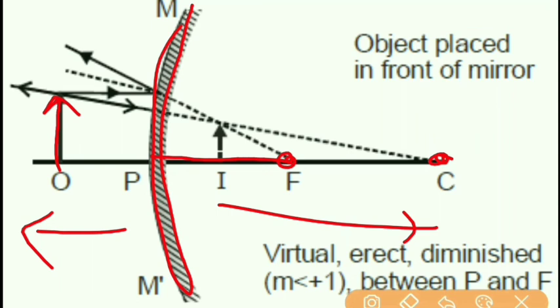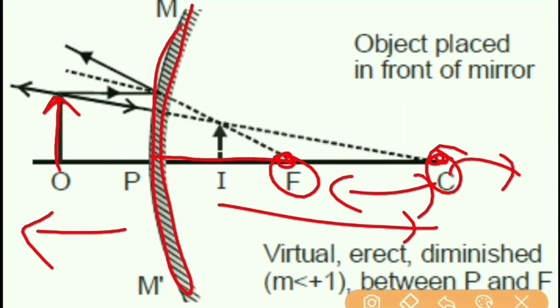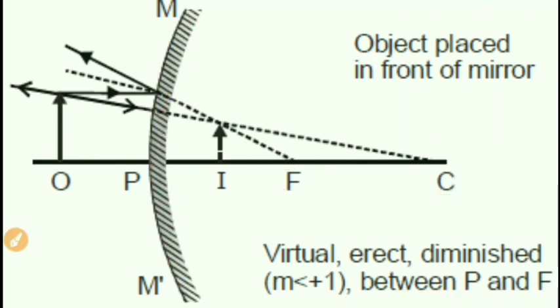So there are no cases of on F or on C, between F and C, or beyond C. So only two cases: one is when the object is at infinity and the other is when the object is near the pole.